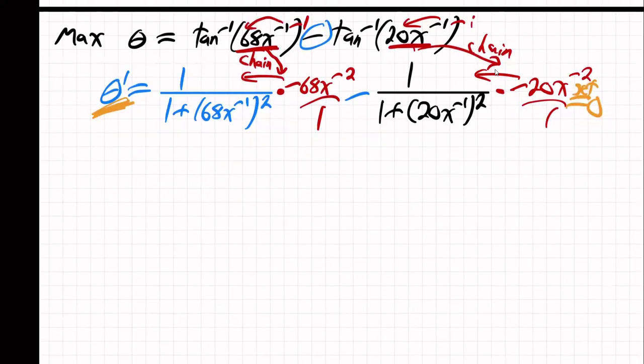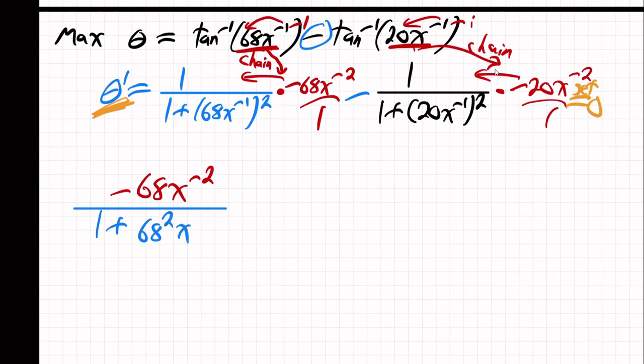Okay, well, we've got a bit of work to do here. So coming in here, this is going to be minus 68x to the minus 2 over 1 plus 68, I'm going to square that, x to the minus 2. I'm just going to say square the 68.